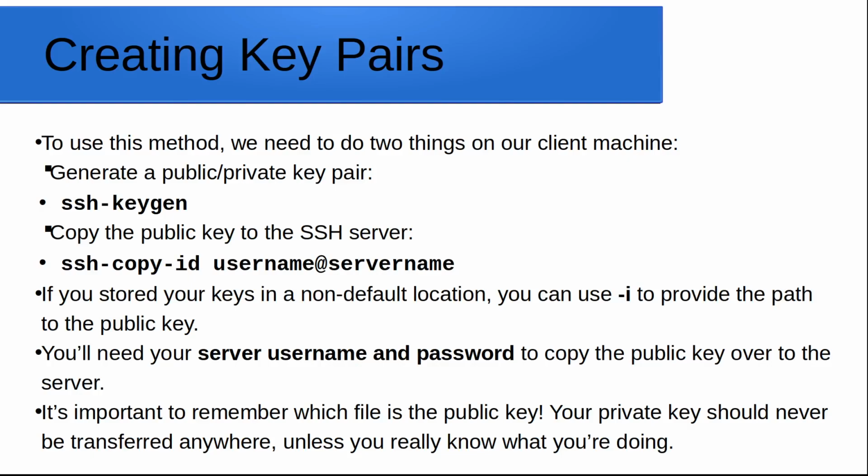Usually just store them in the default location or the default name, but not always. You might have keys for more than one server, so you might have different names for them. So you need your username and password to copy the key over, right? And it's important to remember which file is the public key. Your private key never leaves the client. That's what makes this secure.